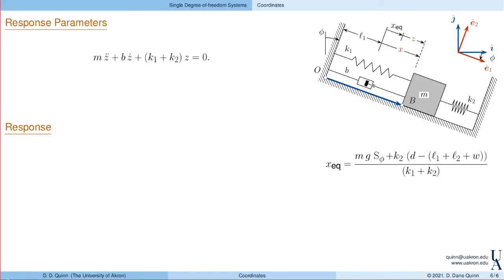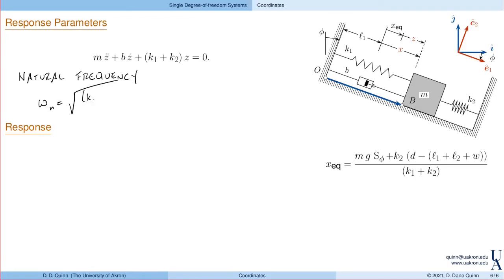Finally, let's look at the response parameters of this system. So again, here we have this equation of motion as measured from static equilibrium. Right? We see that the natural frequency is defined as this, effectively the coefficient in front of the position.